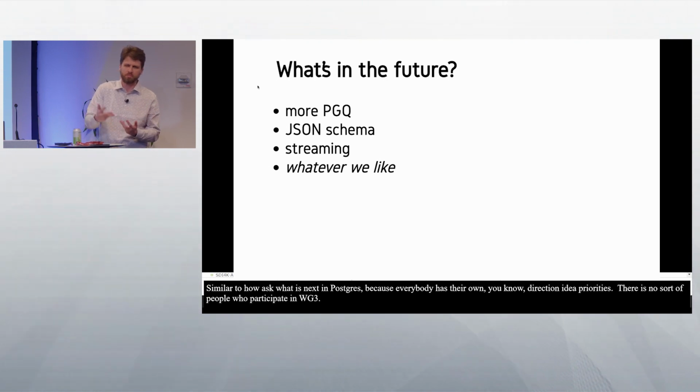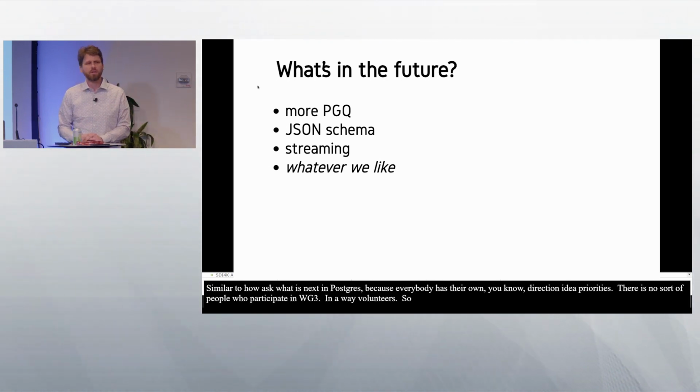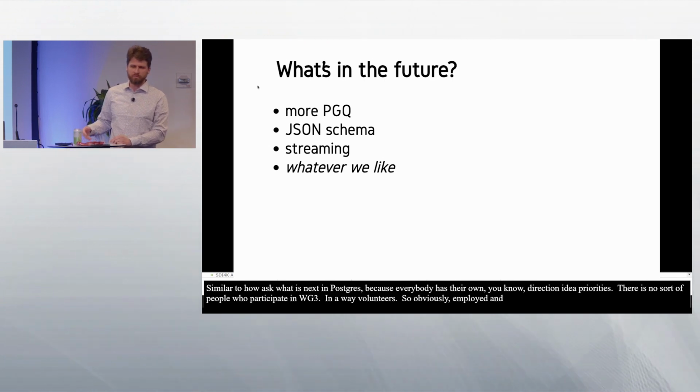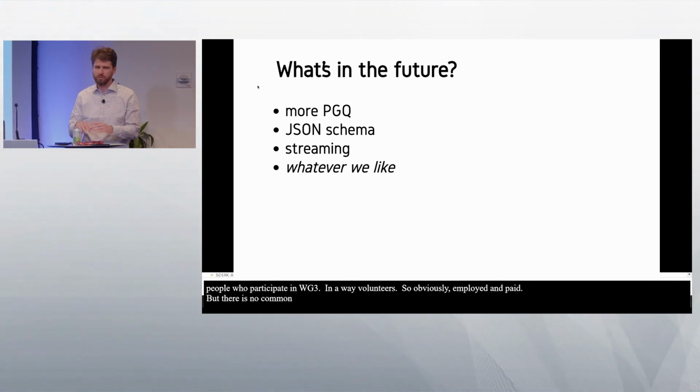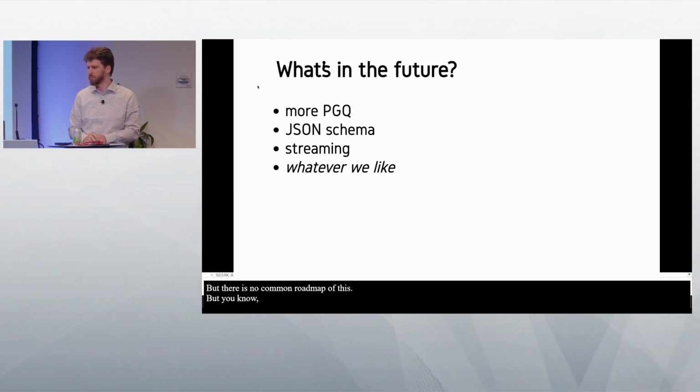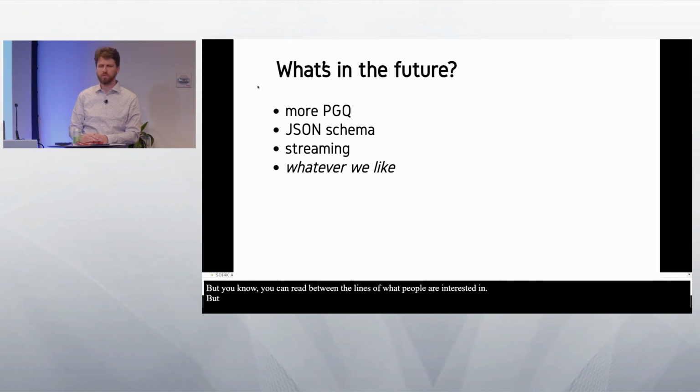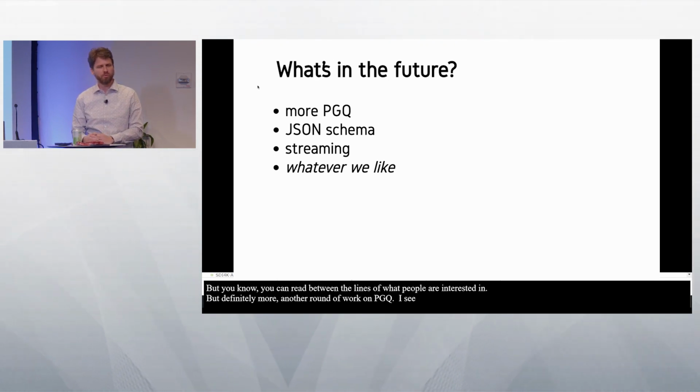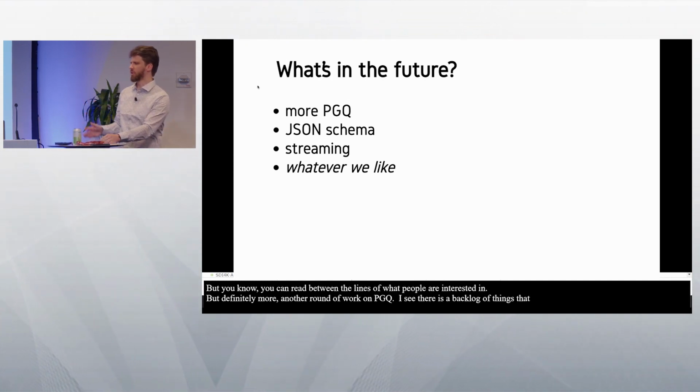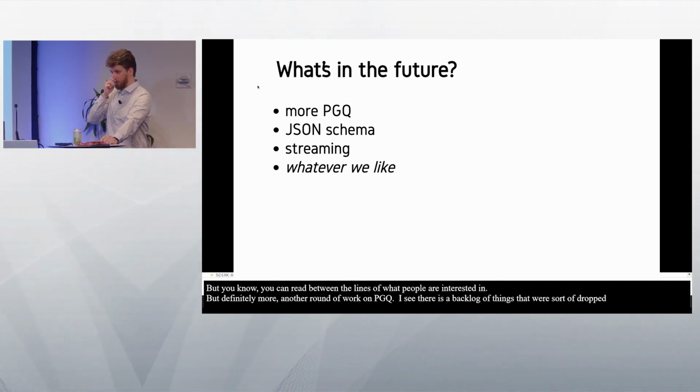They're employed and paid, but there's no common roadmap. But you can read between the lines of what people are interested in. There's definitely going to be another round of work on PGQ. I see there's a backlog of things that were dropped at the last moment just to get it finished now, and there's definitely more stuff.